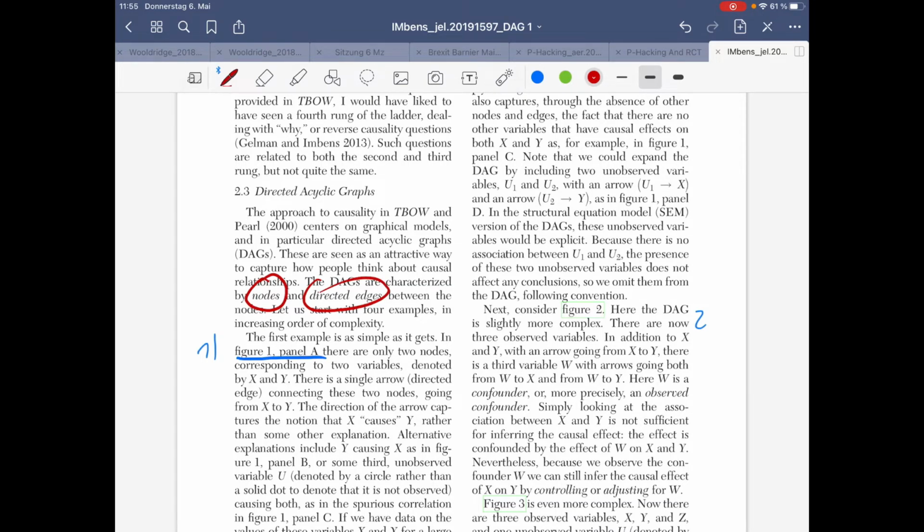And just start with a simple one, in figure 1 panel A, there are only two nodes corresponding to two variables, x and y, and there's only a single arrow, that's the directed edge connecting these two nodes. Let's have a look on that.